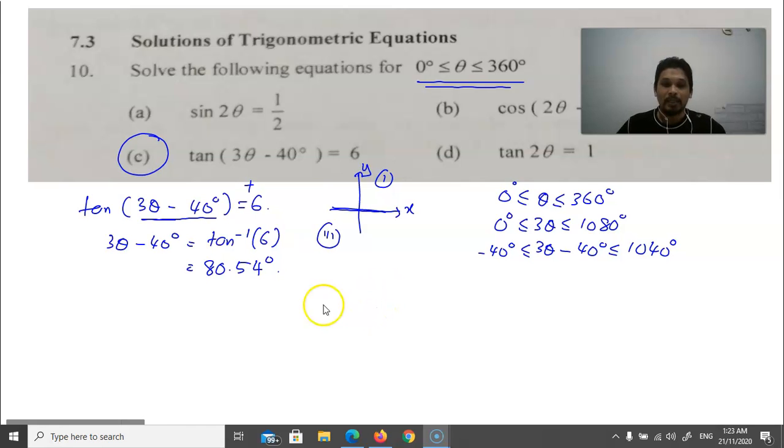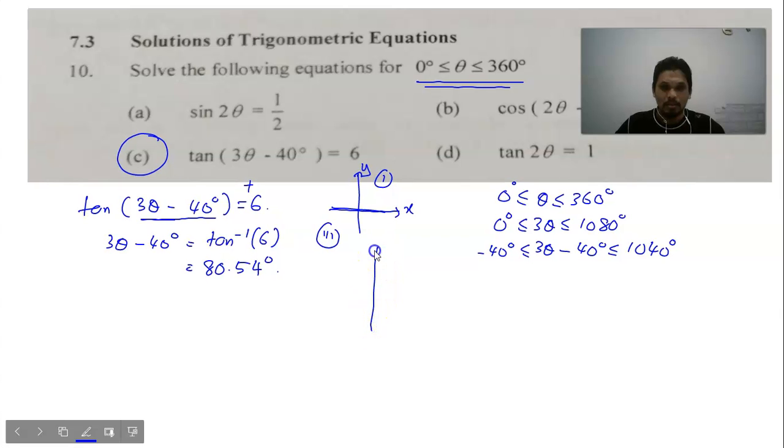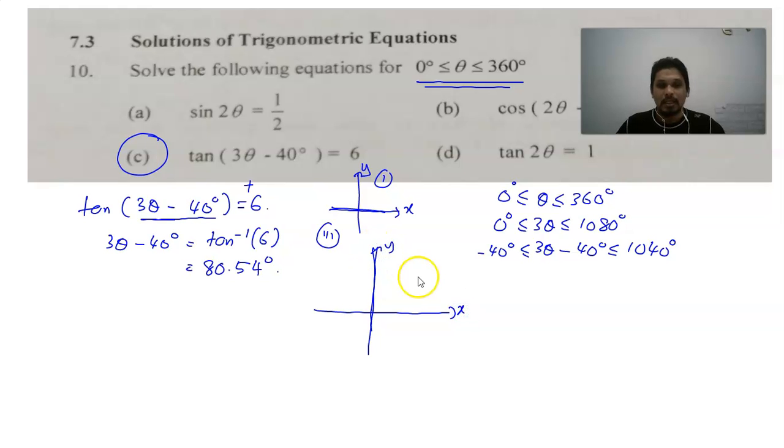Okay, now class, the tangent positive lies in the first and the third quadrant, meaning with a basic angle of 80.54 degree. So just imagine that it is 80.54 degree in the first quadrant, and also here 80.54 degree.